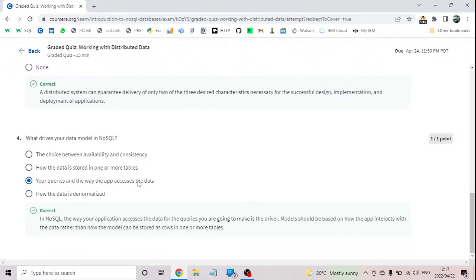Your queries and the way the app accesses the data. So basically the queries you're using to access the data. Because your queries don't come first, the data comes first. So after you've got your data, you're looking at your data more. Okay, that's definitely one for the books.